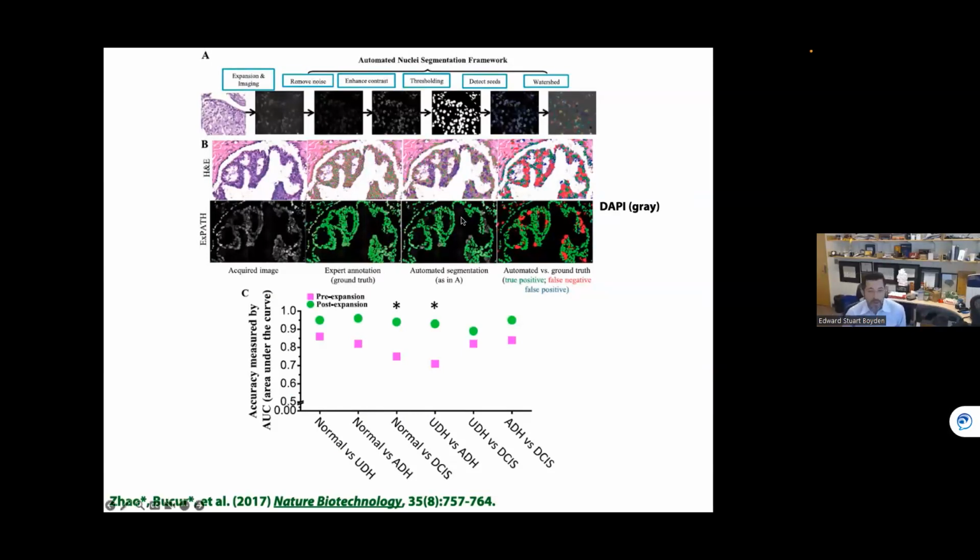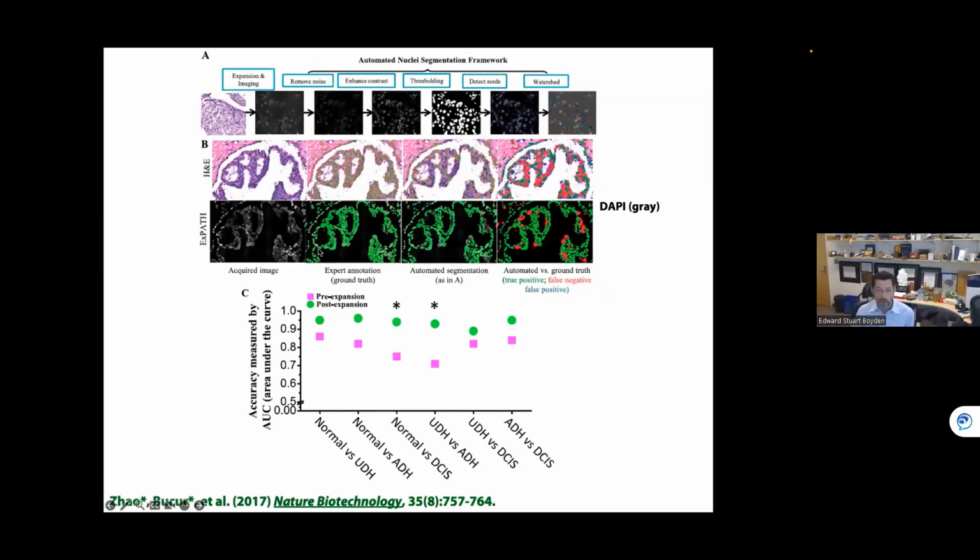So we expanded specimens, and then Andy Beck did machine learning classification of the pre-expansion images versus the post-expansion images, using the votes of a team of pathologists to classify the specimens as normal, UDH, usual ductal hyperplasia, ADH, atypical ductal hyperplasia, DCIS, ductal carcinoma in situ, different stages of cancer or normal states that are often assessed in human cancer biopsies.